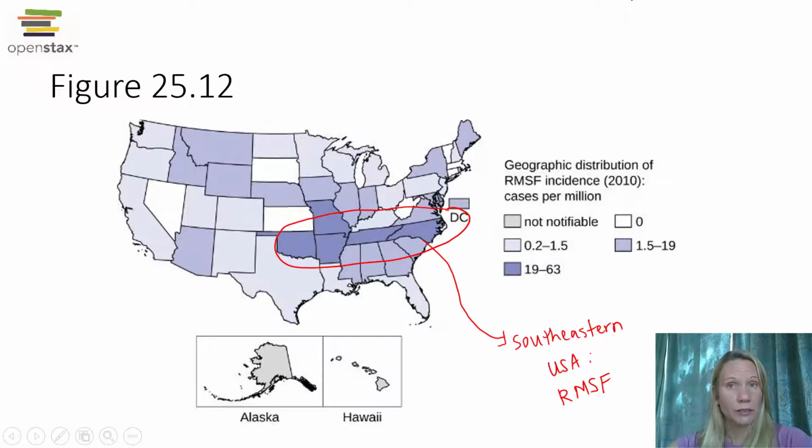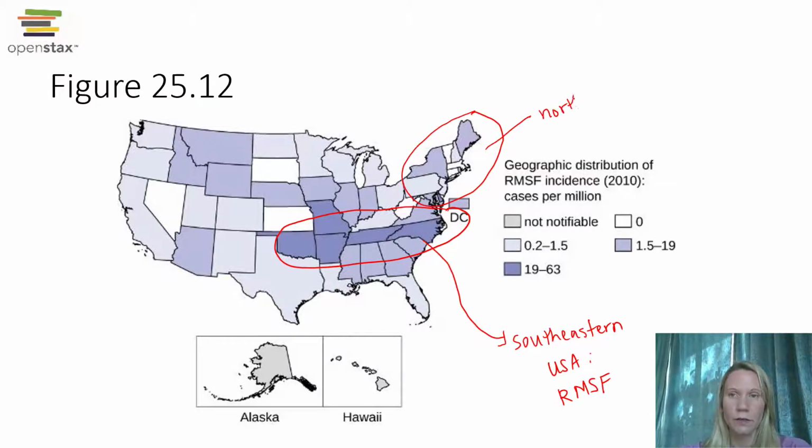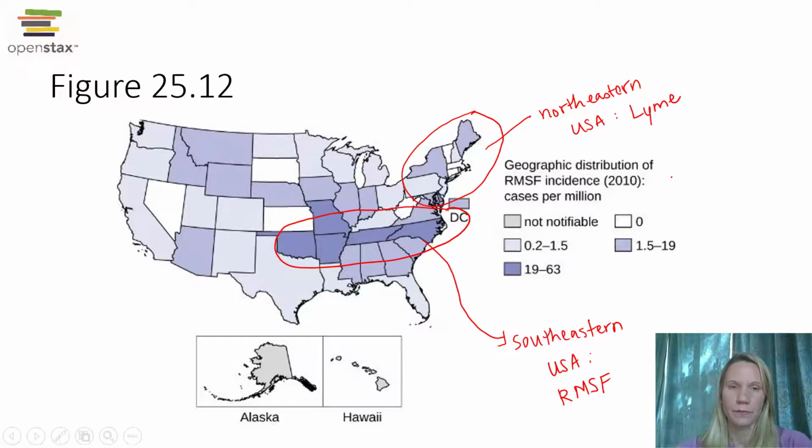Very different rash though, so that would be a clue to distinguish it from Lyme disease, where the hotspot areas are here, northeastern US. This is more where we would find Lyme disease there.